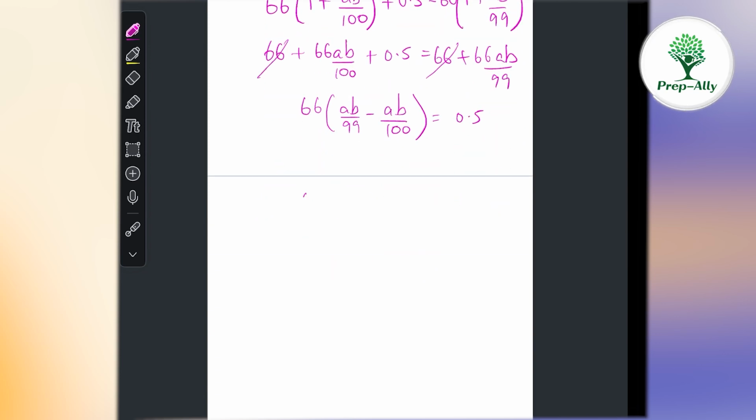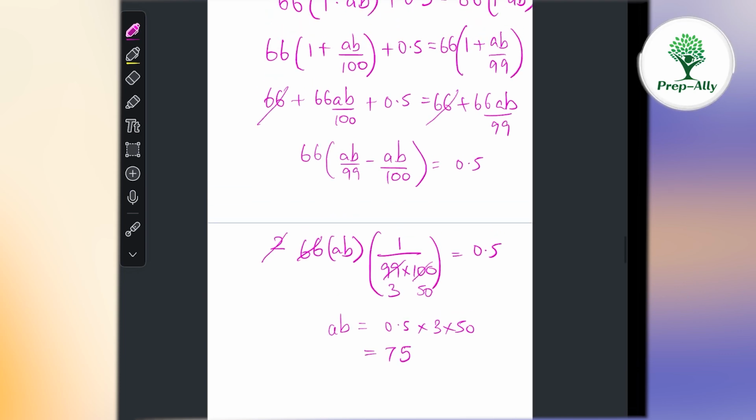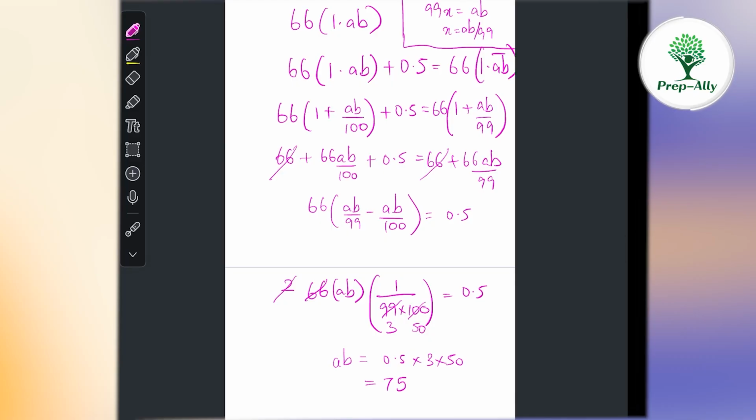And 66 AB times 1 by 99 times 100 equals 0.5, and this is 2 times 33, and this is 3 times 33, and 50 times 2. So AB equals 0.5 into 3 into 50, which equals 75. So the number that we need, the 2-digit number AB, is 75.